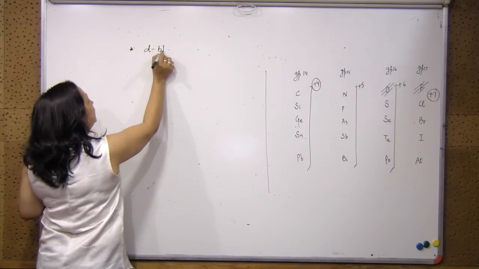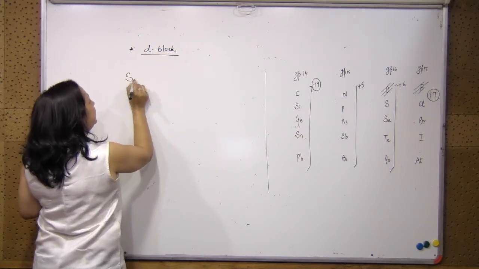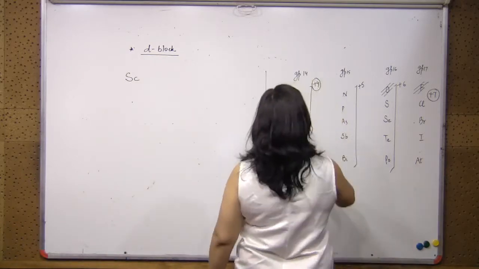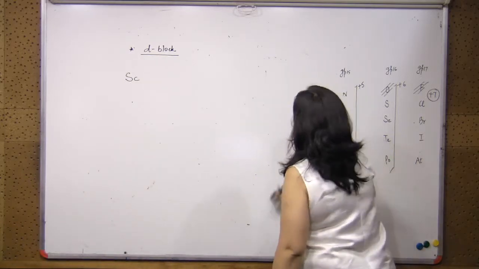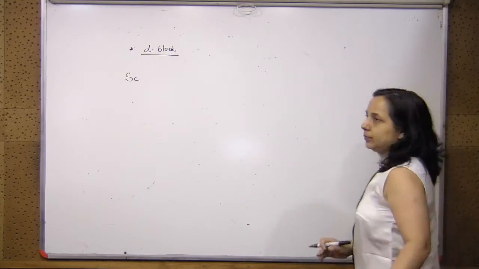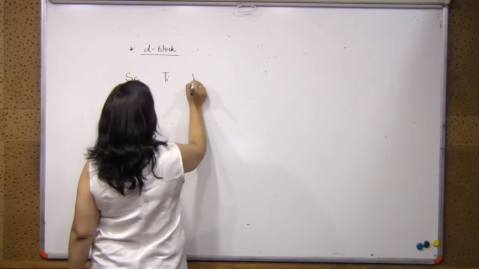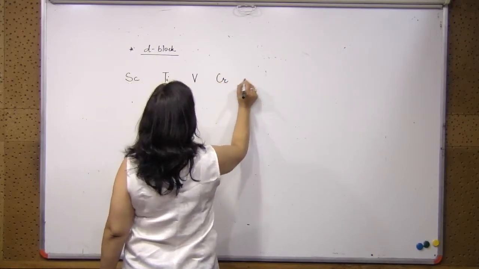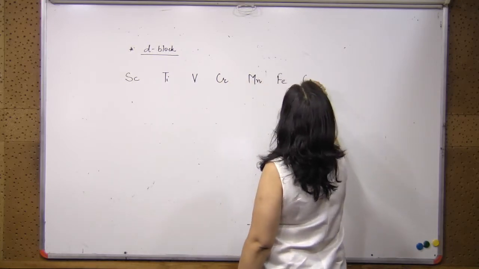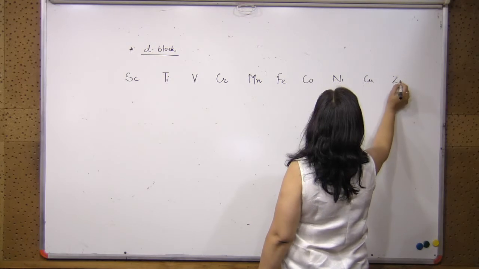In the D block, first we'll discuss the scandium series. It is scandium, titanium, vanadium, chromium, iron, cobalt, nickel, copper, zinc.